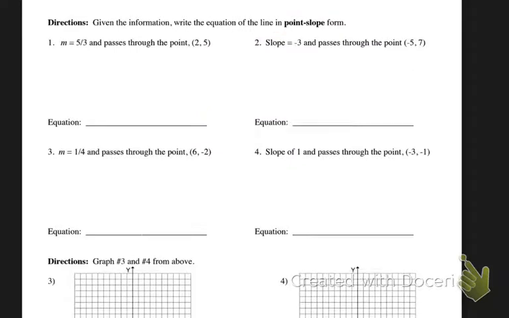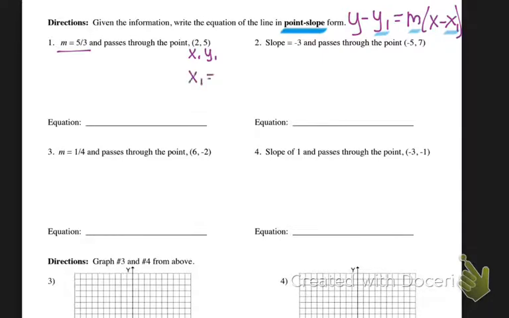The next set of directions says that we want to write it in point slope form. This is y minus y1 equals m times (x minus x1). So m is your slope, and then the y1 and the x1 come from the point that they give you. So in number 1, here's our slope, and here is the point. I recommend labeling the point with x1, y1.